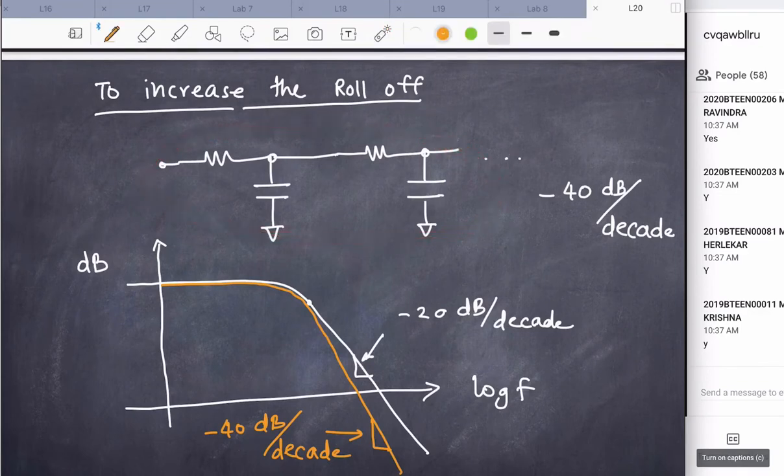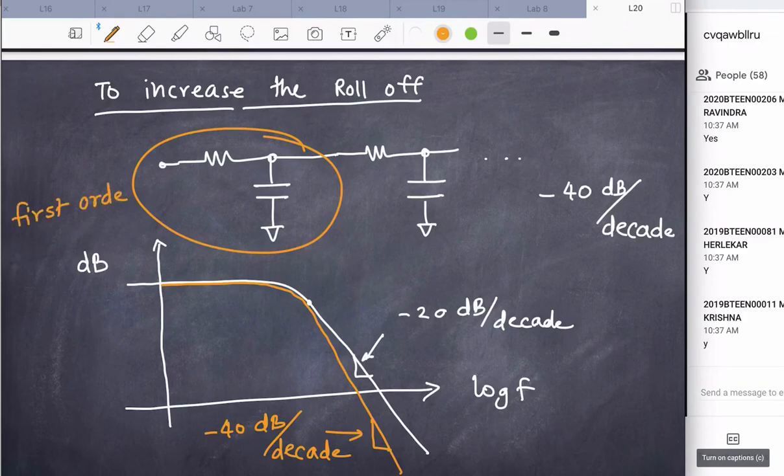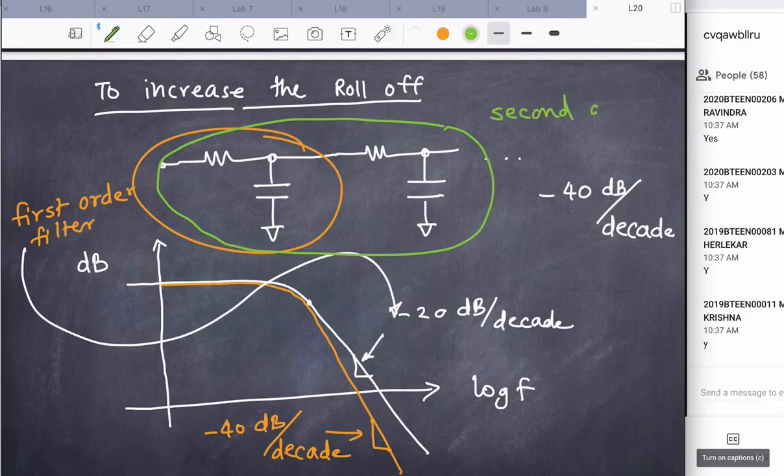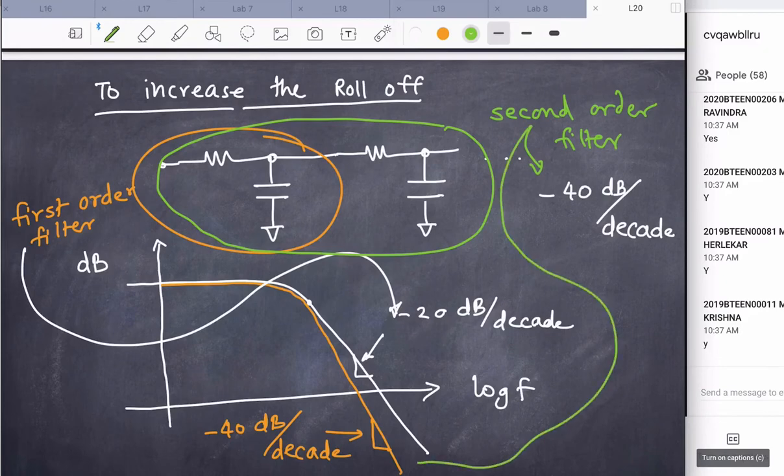Okay, so let me draw it. This is a first order filter whose gain is, where shall I draw it, 20 dB per decade, and this total is a second order filter whose gain is minus 40 dB per decade, and as far as this is concerned, it is here.